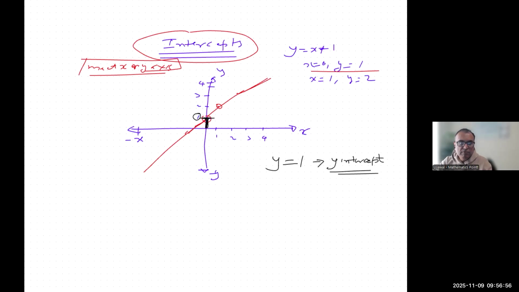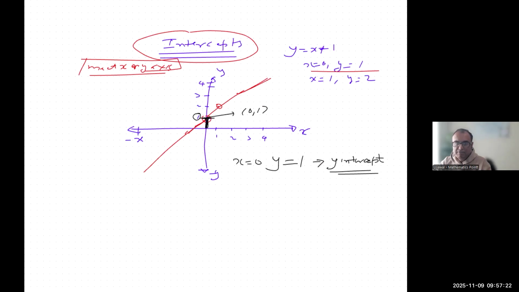What are the coordinates of this point? The coordinates of this point are 0, 1. Can you tell me what is the x-coordinate of this particular point? The x-coordinate is 0.